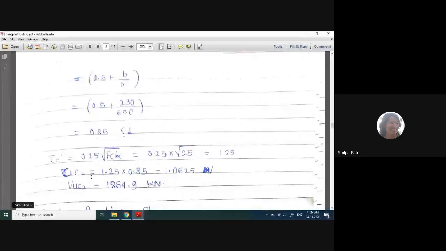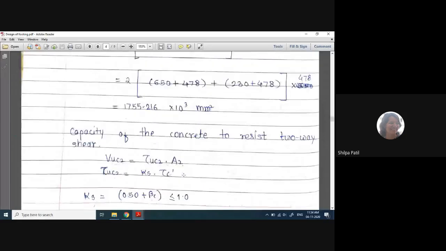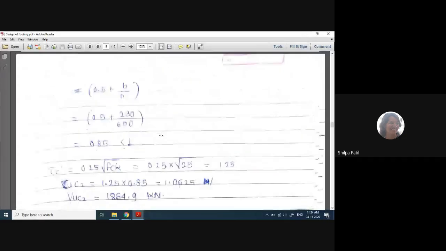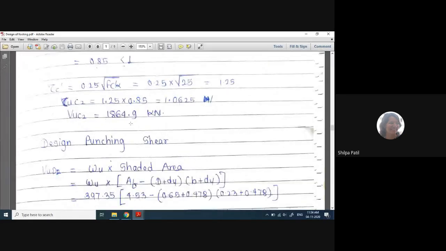Multiplying 1.0625 by this area, we get VUC2, and that value is coming as 1864.9 kilonewton. This is the shear carrying capacity of the concrete for a footing, whatever the material we have used for construction of the footing.